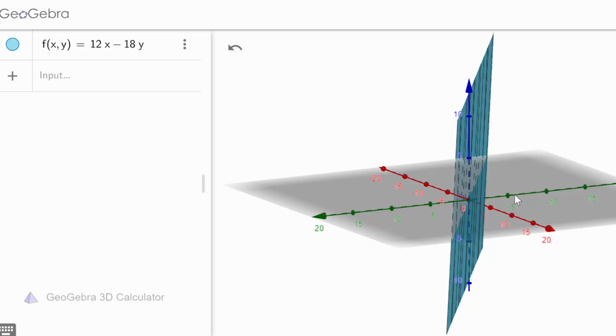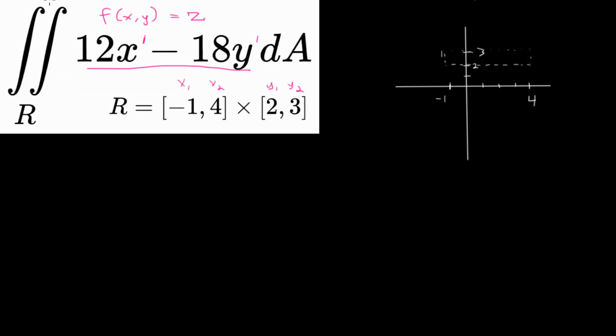Let's now go back to our blackboard, now that we can roughly understand what we are actually finding. When looking at our double integral, this dA is the area differential. Essentially, it's a small square in here where its horizontal component is dx and its vertical component is dy. I've drawn it bigger than it actually would be, just so that we can visualize it.